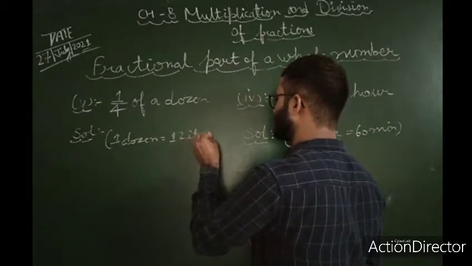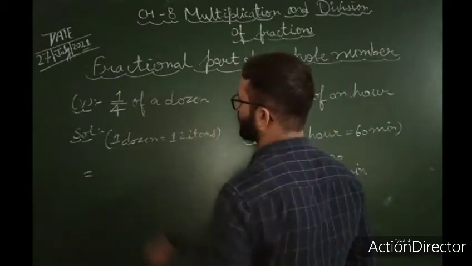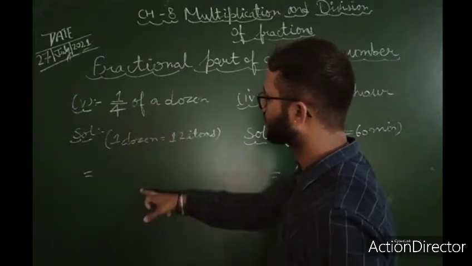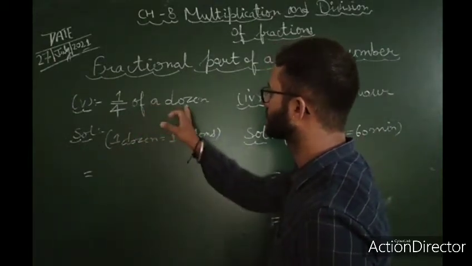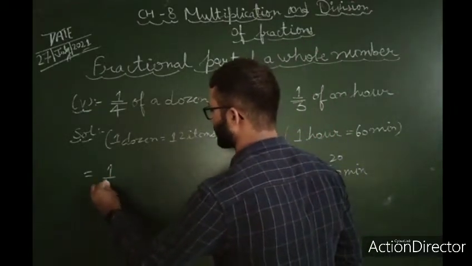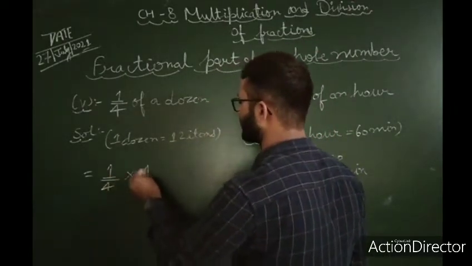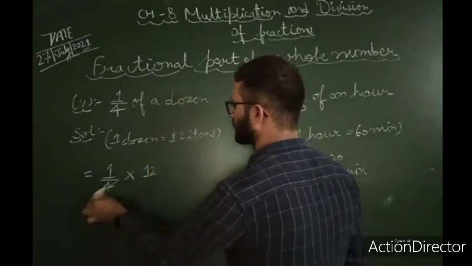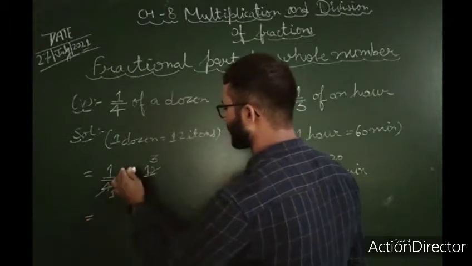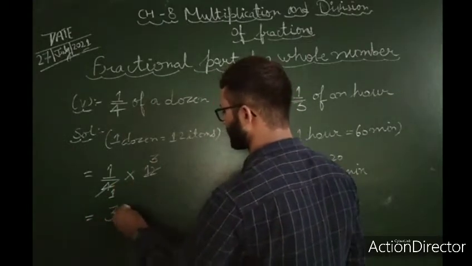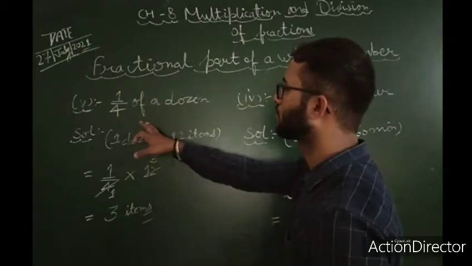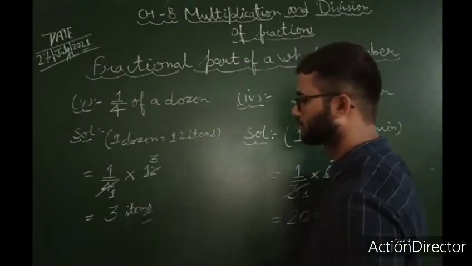Now here we write 1 upon 4, "of" replaced by the multiplication symbol, and in the place of a dozen we write 12. So 1 upon 4 multiply by 12. This 12 is divisible by 4. 4 ones are 4, 4 threes are 12, and 1 three is 3. So 1 upon 4 of a dozen is equal to 3 items.